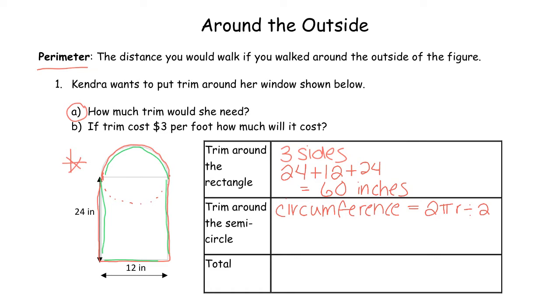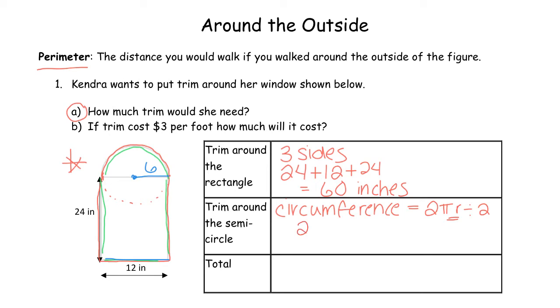Okay, the other thing that we need to know to use this formula is what that radius is. So remember, radius is half of the diameter. So if I know all the way across is 12 inches, then that radius there is 6 inches. So when I find the perimeter, I'm going to go ahead and put in 6 for radius.